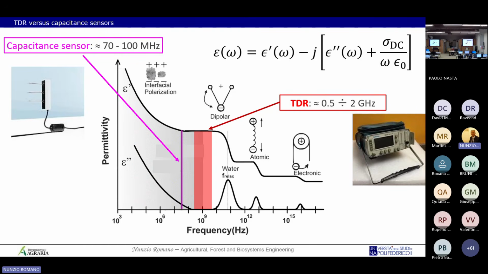But as Paolo mentioned before, there is the temperature effect and there is also the salinity effect. Besides, the TDR is also mostly used to quantify the solute concentration in a soil, because the real component gives us information about soil water content, but the imaginary component gives us information and quantification of the solute concentration, salt concentration, for example, in the soil.